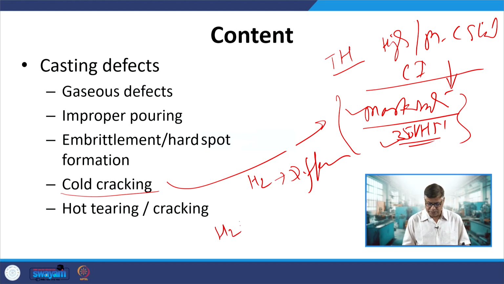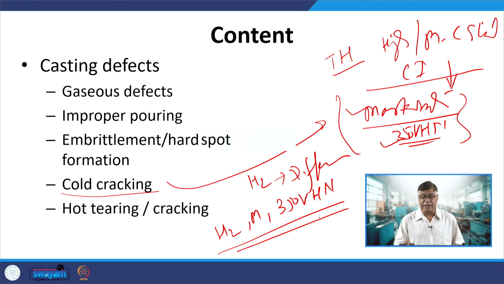So, hydrogen coupled with martensite and a high hardness of 350 VHN, this combination becomes very sensitive to cracking, especially when the casting cools down to room temperature and tensile residual stresses develop.